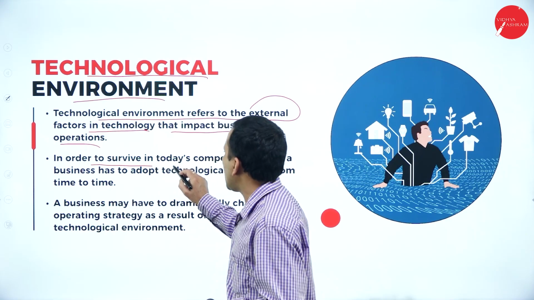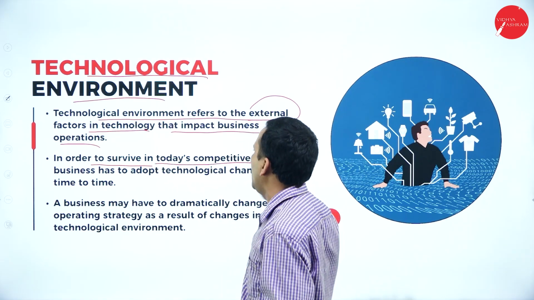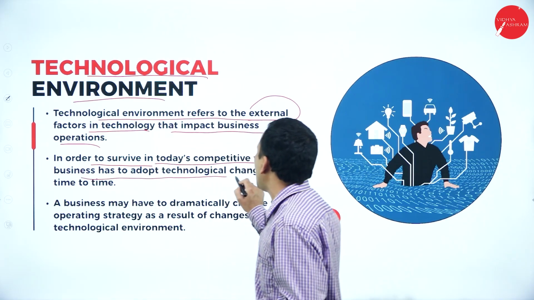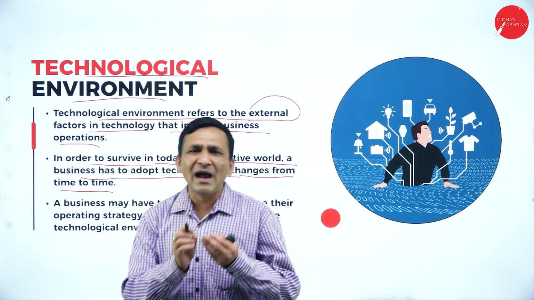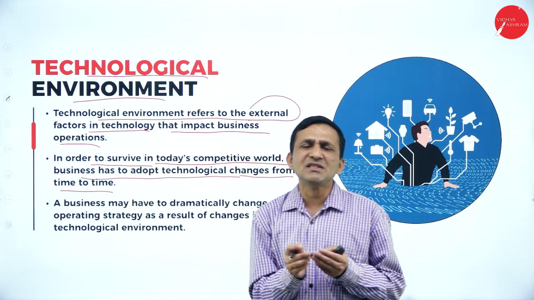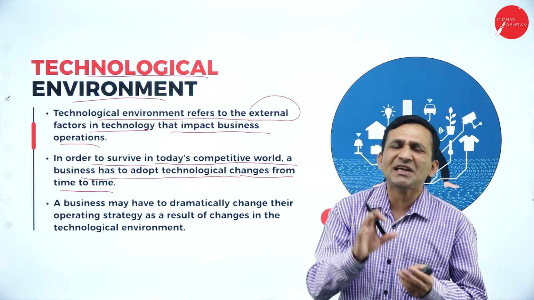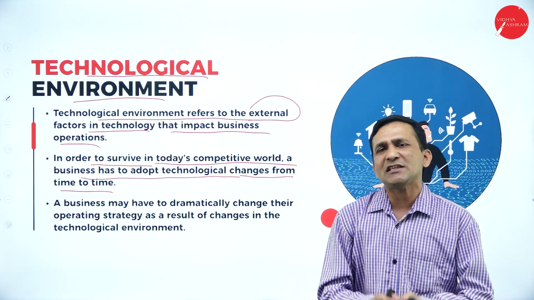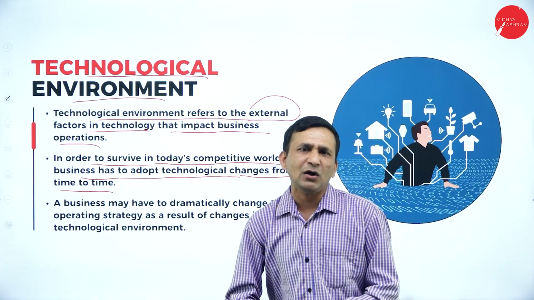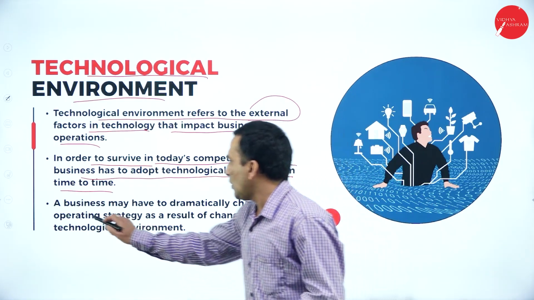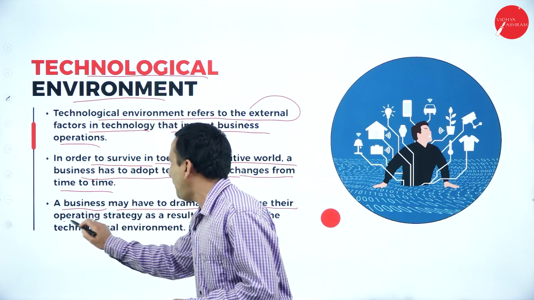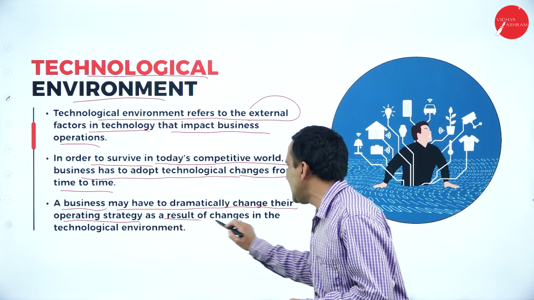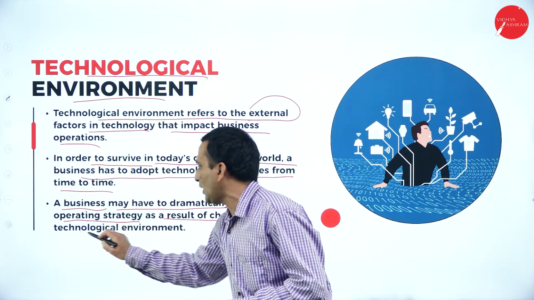In order to survive in today's competitive world, the business has to adapt technology and change from time to time. Otherwise, you can't run your business very smoothly. You cannot capture the market share you expect, because you are standing in a competitive world. So the business may have a dramatic change in its operating strategy as a result of change in the technology environment.